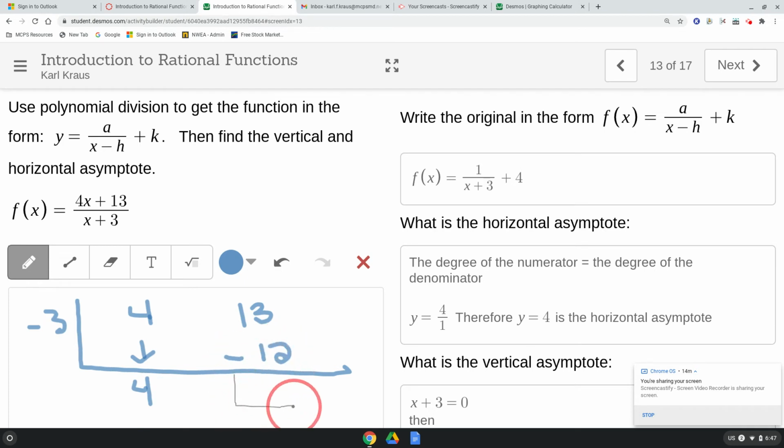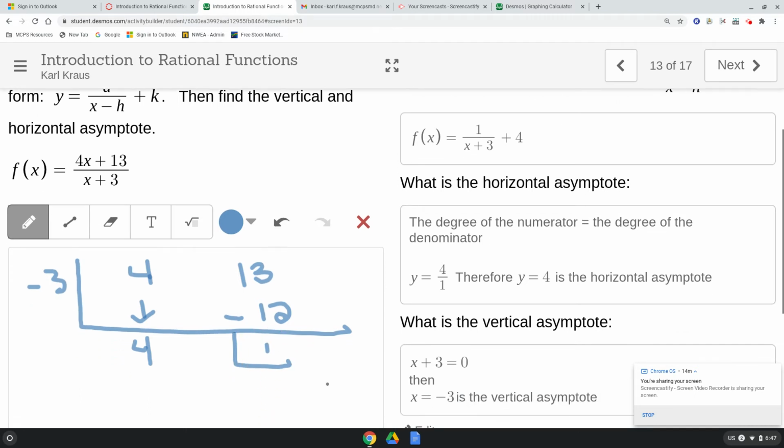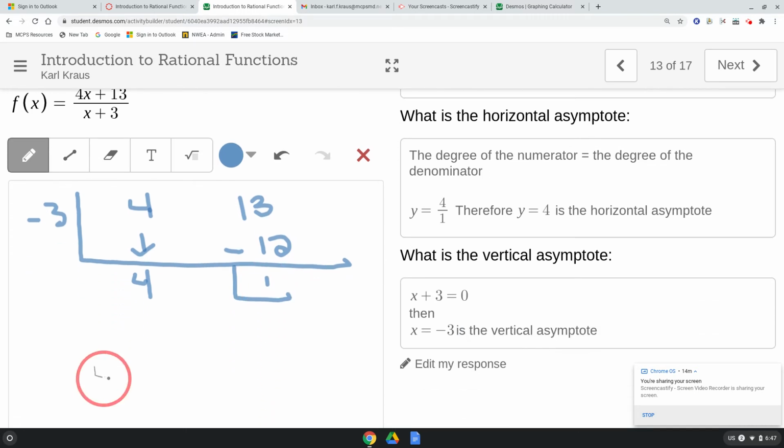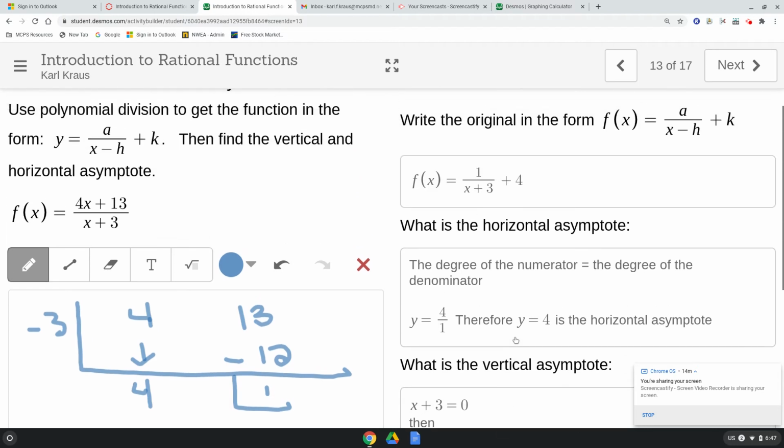You add, you get the remainder 1. So this would be 4 plus 1 over the divisor, which is x plus 3. If I write this first, then you have f of x equals 1 over x plus 3 plus 4.